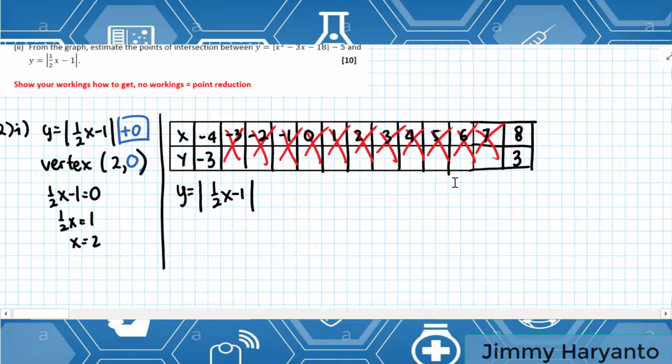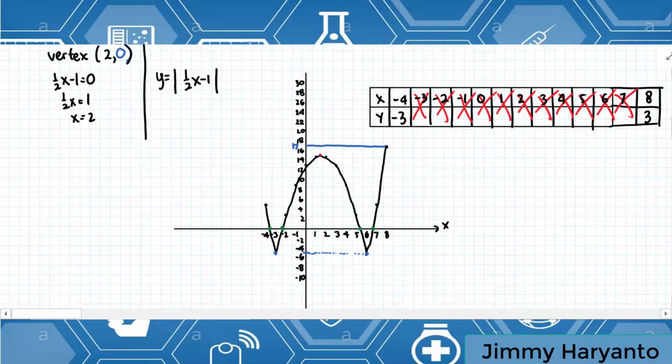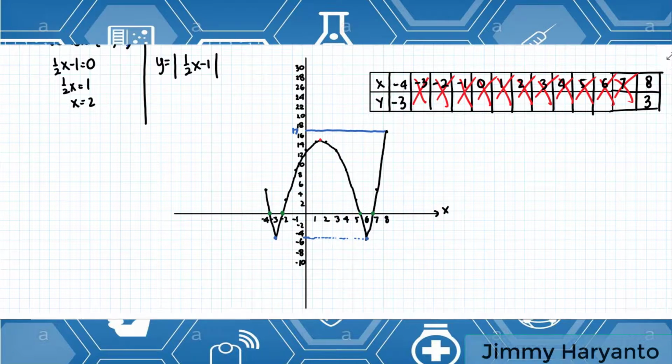Okay, so this is the graph, and we have to plot the vertex 2, 0. 2, 0 is right here.